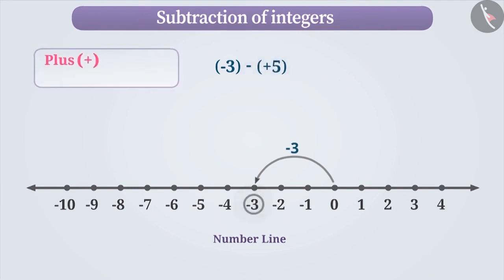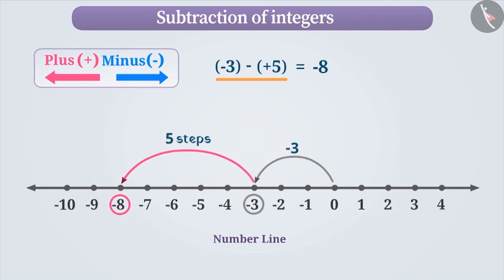And if the sign is negative, then we move towards the right side of the first integer. In order to subtract, mark -3 on the number line, which is 3 steps towards the left of 0. Now, since we need to subtract the positive integer +5, we move 5 steps towards the left side of -3, thus reaching -8.